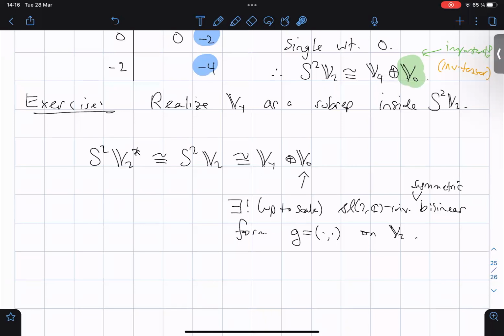You could define it as a form if you just forget about this part over here. You could describe this as a tensor on V2 star, but I don't have that star. So we're going to have this nice symmetric bilinear form that's invariant. It's like a metric, except we're in a complex case. So you could ask, is it non-degenerate?